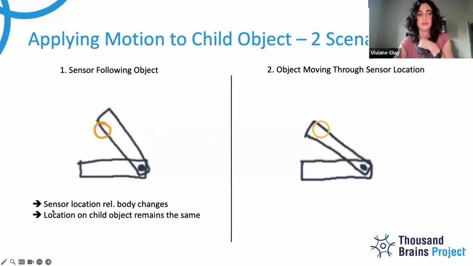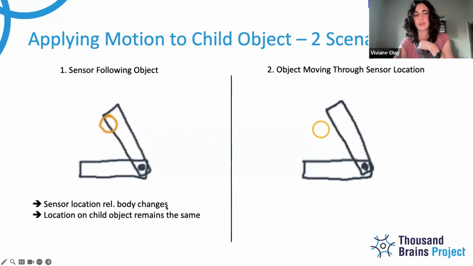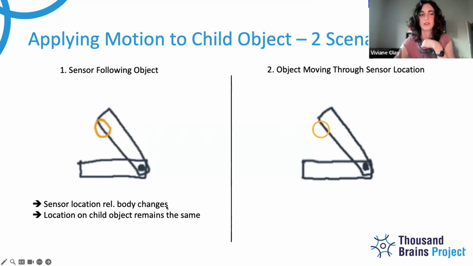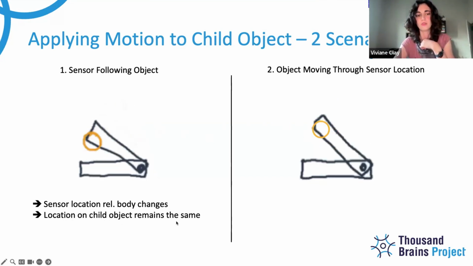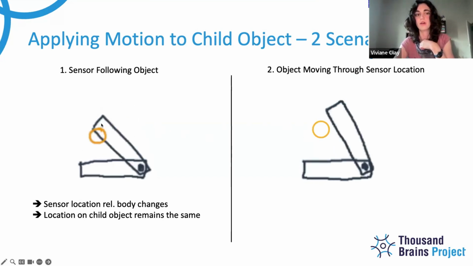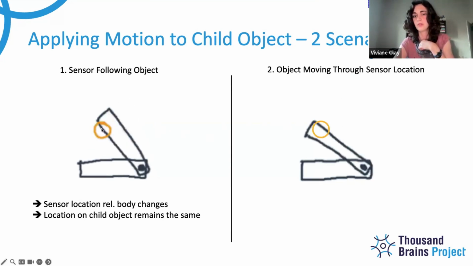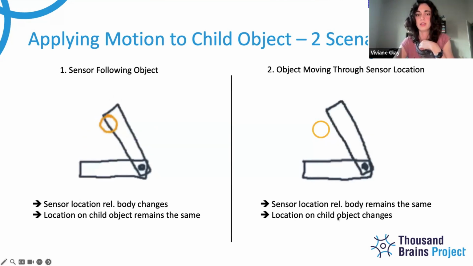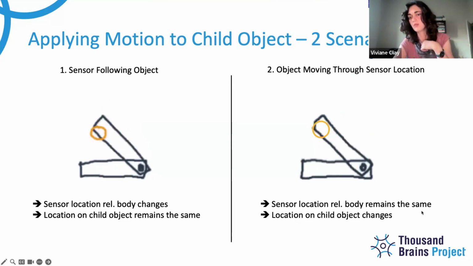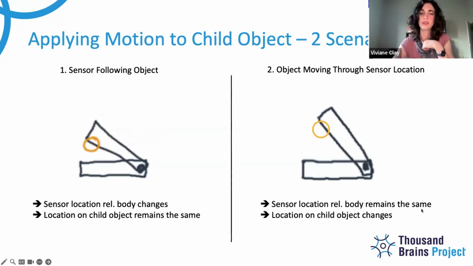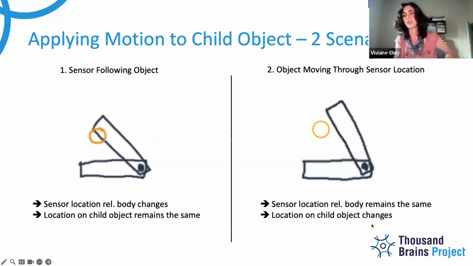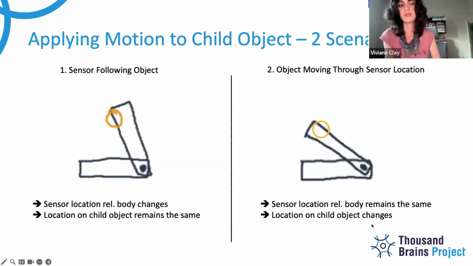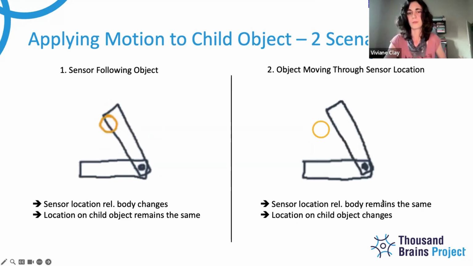In the first scenario, the sensor location relative to the body changes, so the sensor is moving, but the location on the child object remains the same. So it's always on the same location at the stapler top. In the second scenario, the sensor location relative to the body remains the same. It's not moving, but the location on the child object changes. And we need to be able to deal with both of those scenarios.